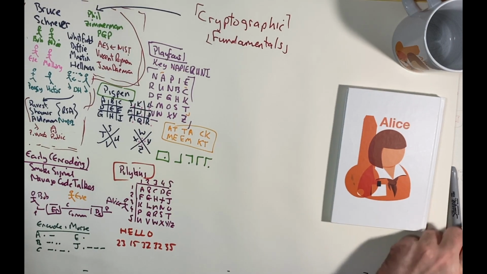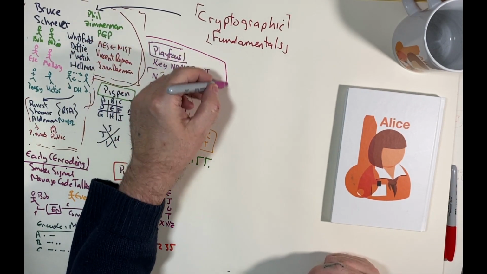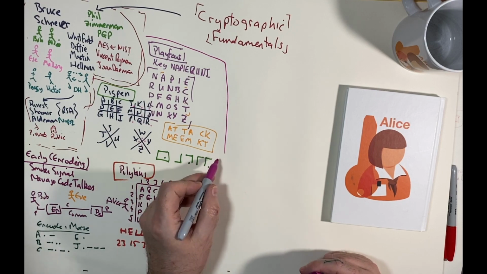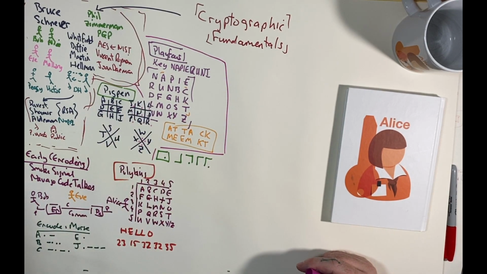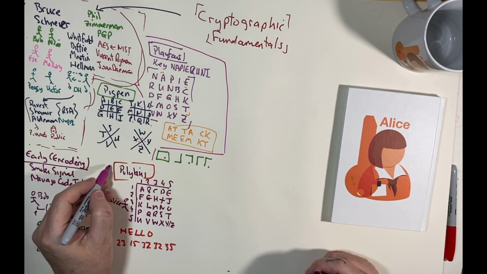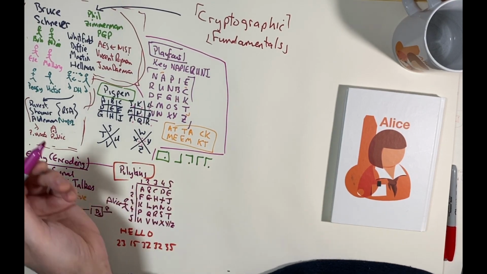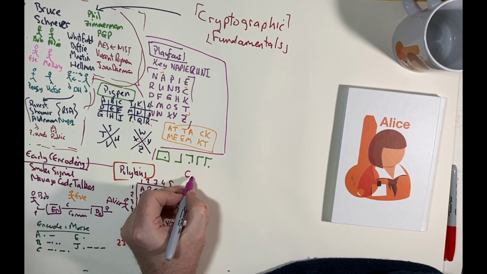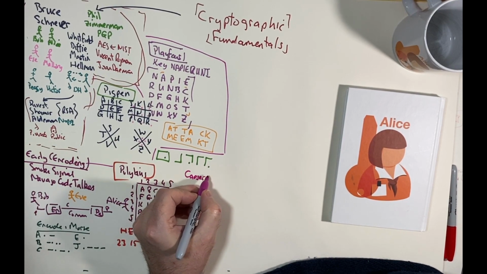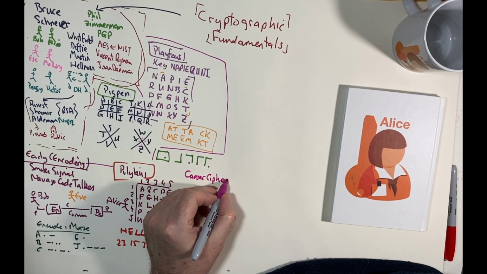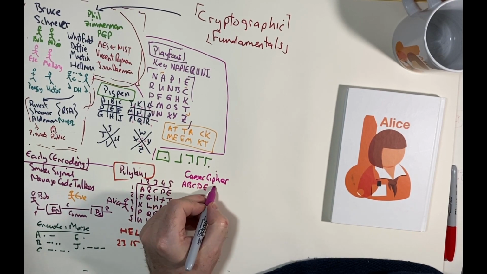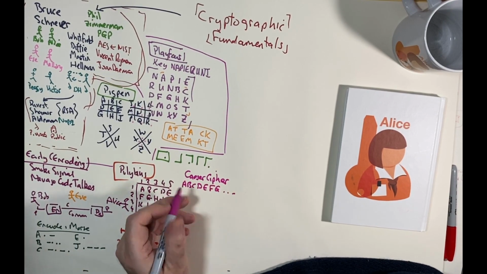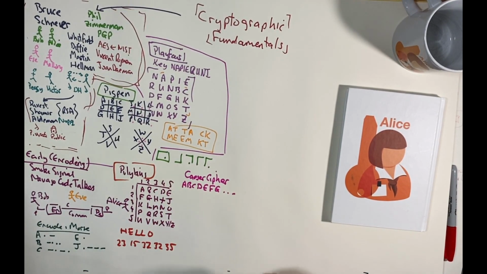So one of the ciphers that's been used fairly extensively is the Caesar cipher. And with the Caesar cipher, we basically just take our alphabet and we shift the letters by a given number of characters.